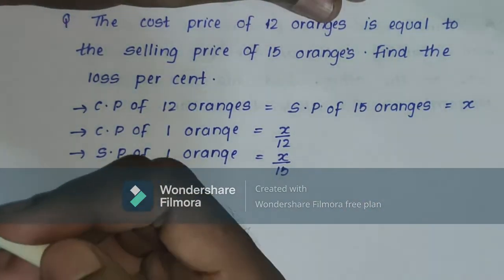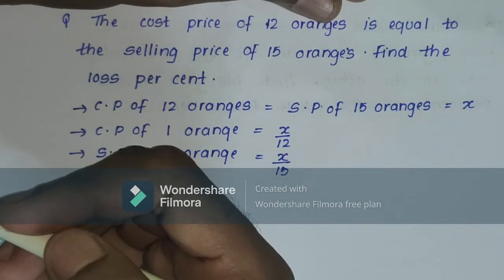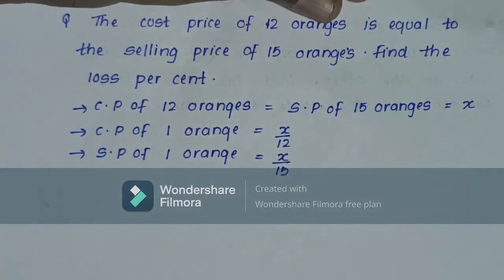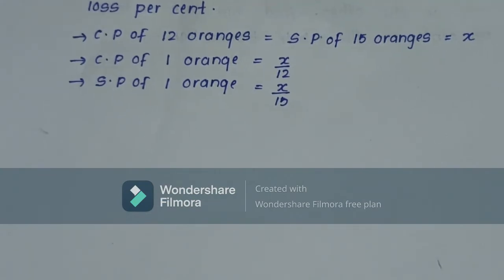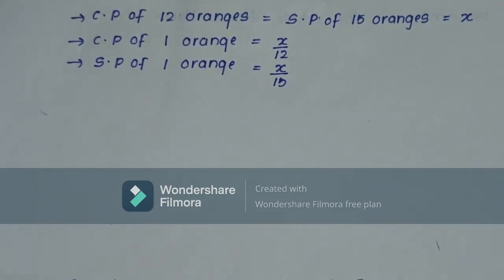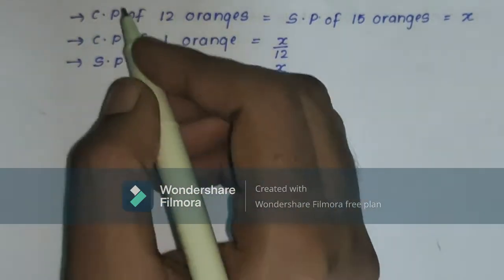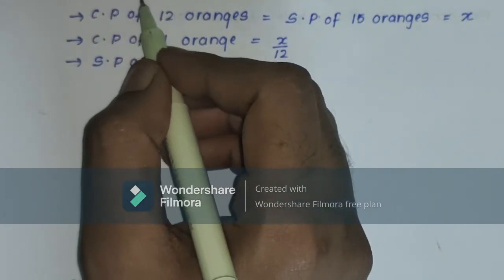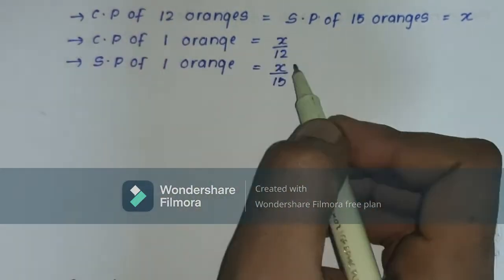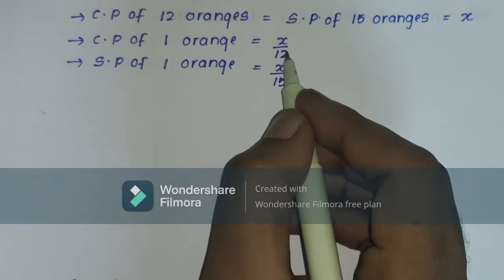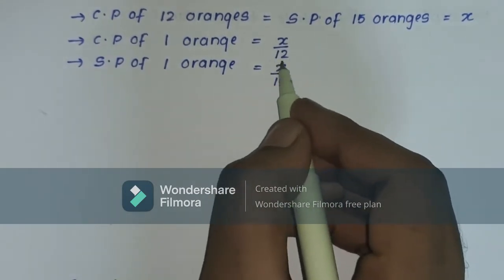Now, student, what we need to do is, they are saying find the loss percent. How do we conclude that we have a loss? When the selling price is less than the CP, right? If you see the CP and SP, they are in fraction form.